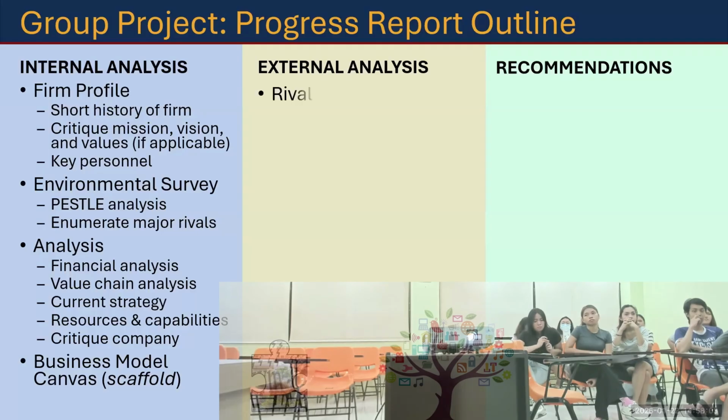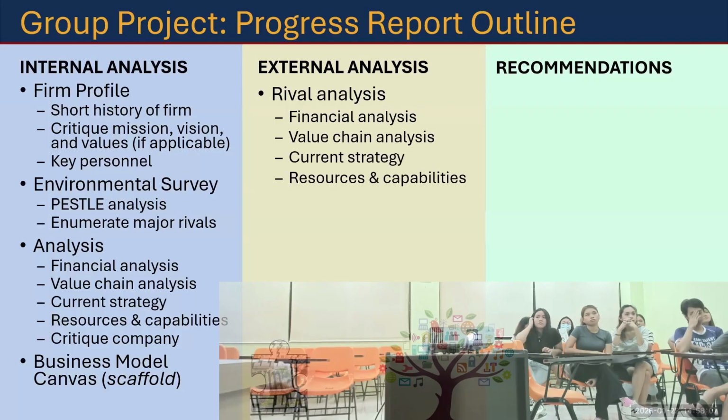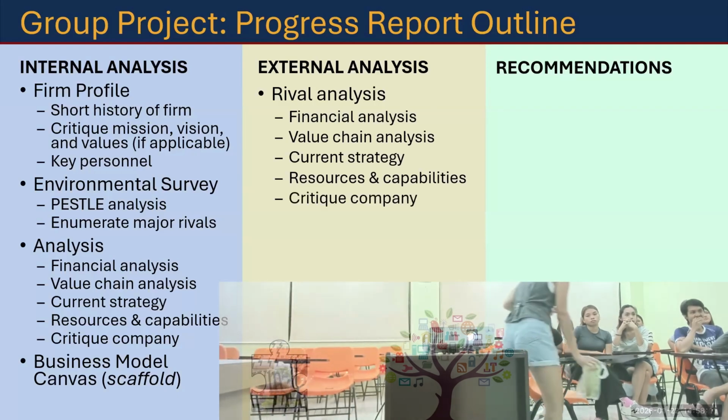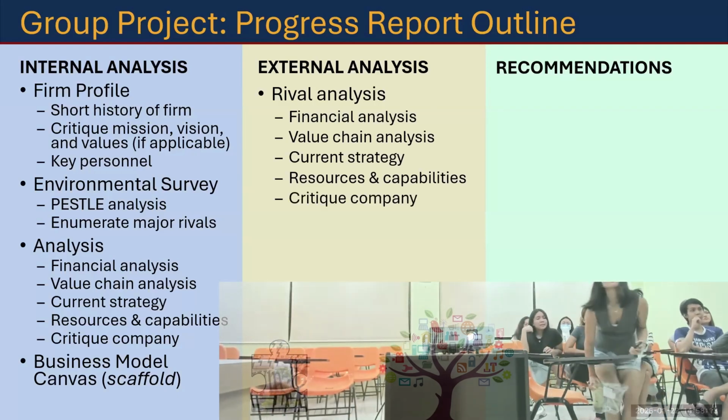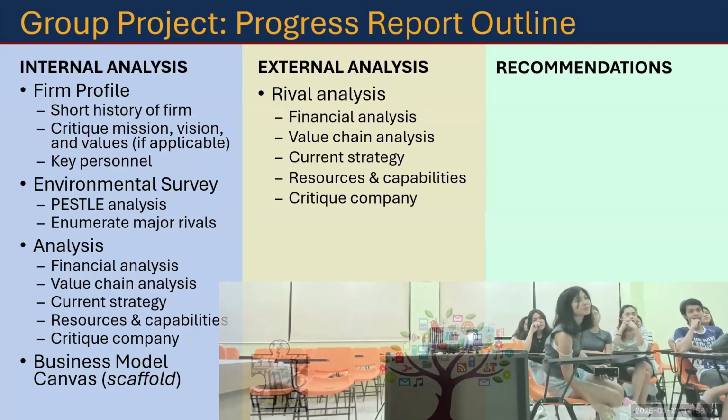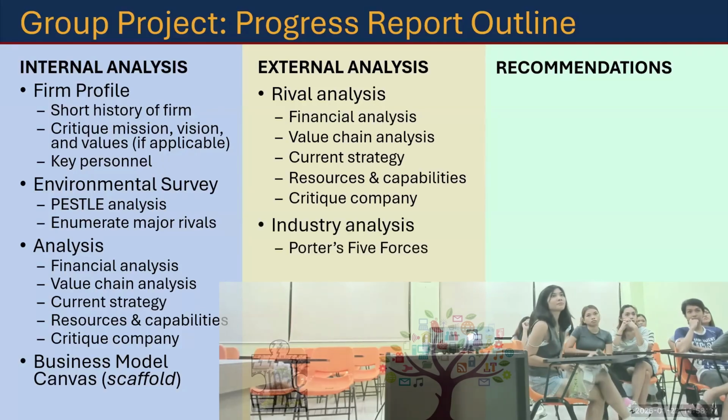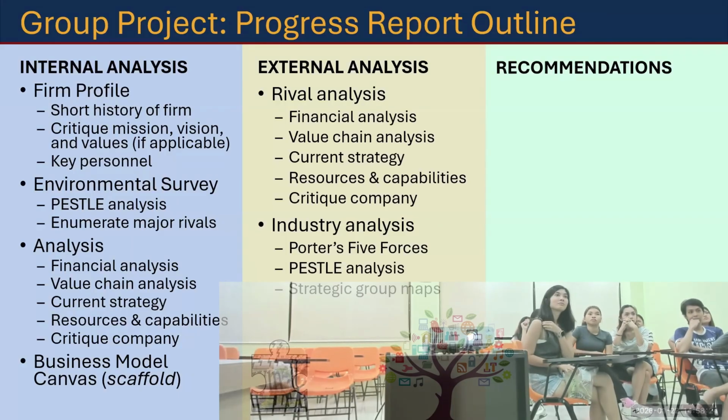For external analysis, you need to start with a rival analysis, which is essentially the same as the internal analysis, except you are now analyzing the rivals. I also expect to see industry level analysis consisting of the five forces, and then PESL again, and your strategy group maps with your key success factors.